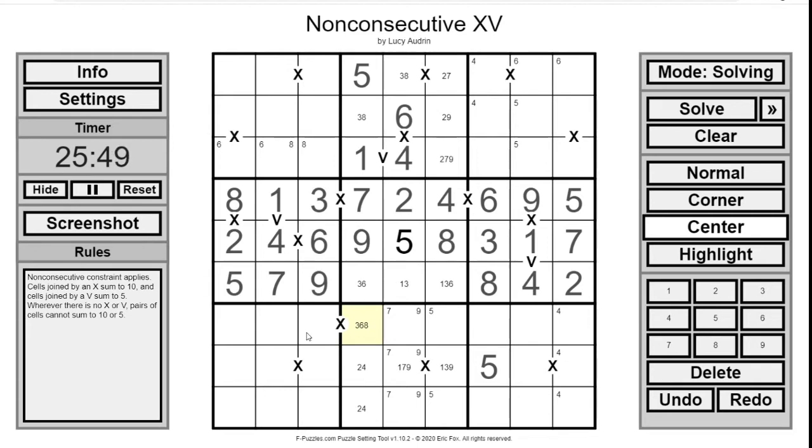That's so many possibilities. There's gotta be a way to discredit some of them. Alright, 3, 7, 4, 6, 2, 8.